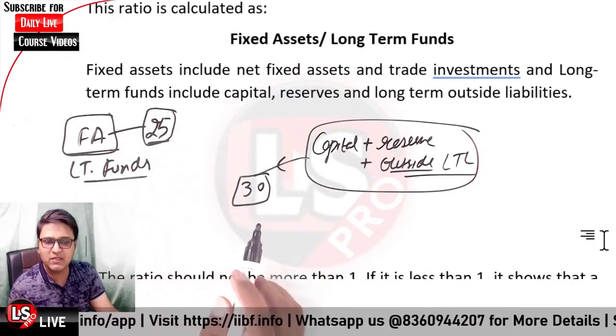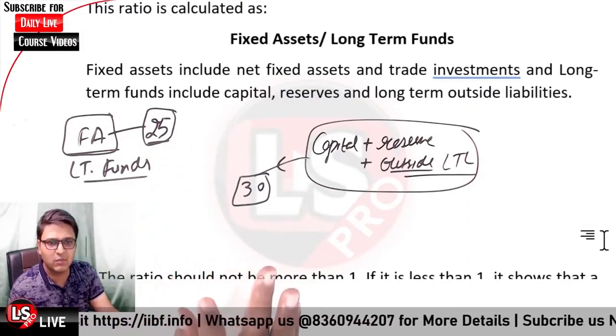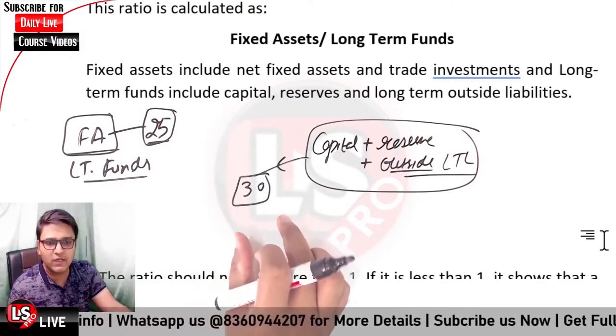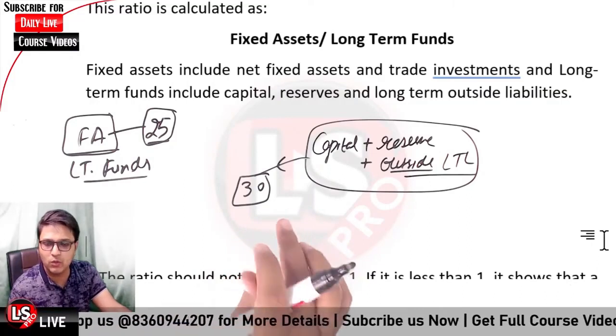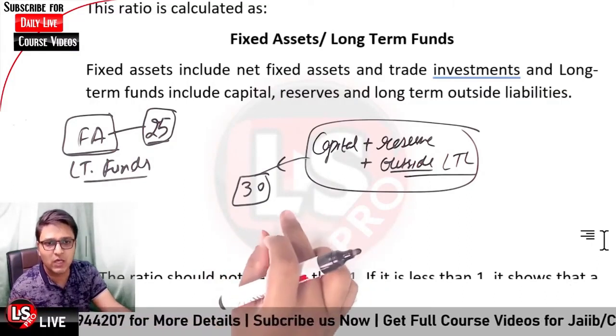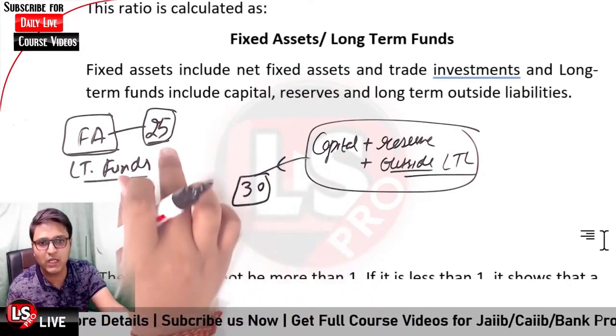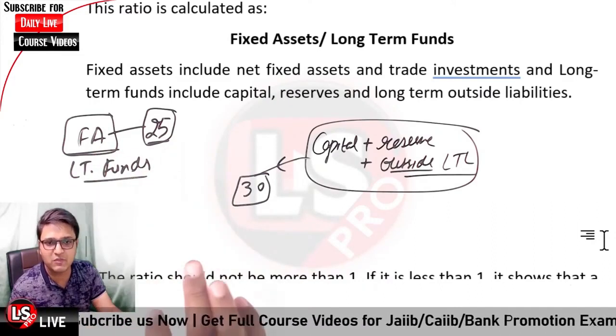That is considerable, because it says that out of 30 rupees that was available to you for the long term, you have spent 25 on the fixed assets.